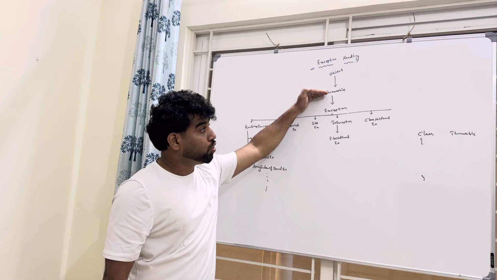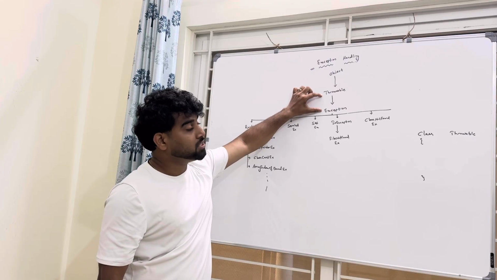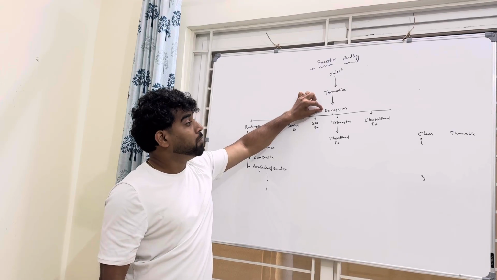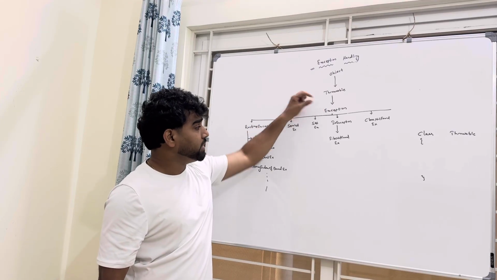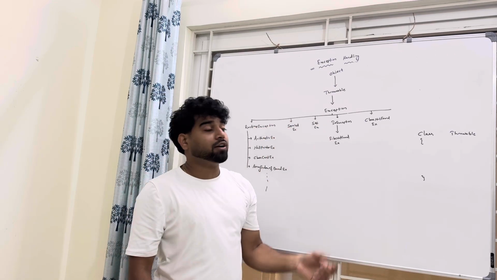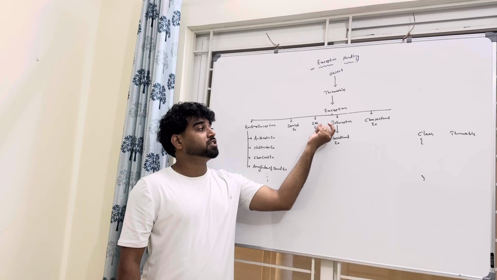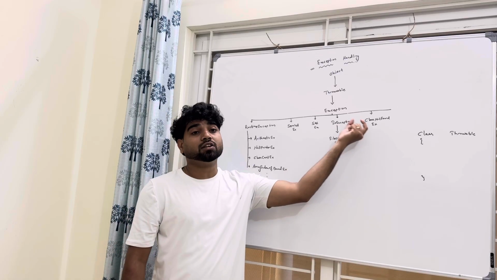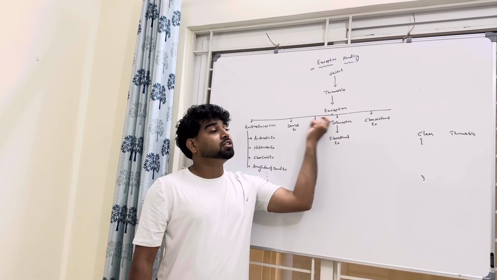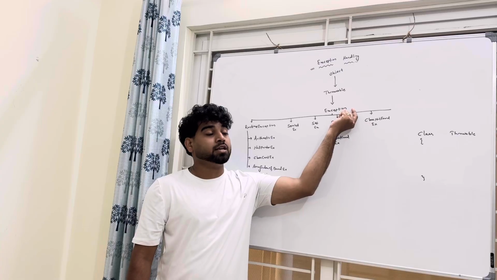For this Throwable, there is a child class called Exception. For this Exception, there are several child classes, like RuntimeException, ServletException, SQLException, IOException, FileNotFoundException, ClassNotFoundException. These are the child classes of the Exception class.